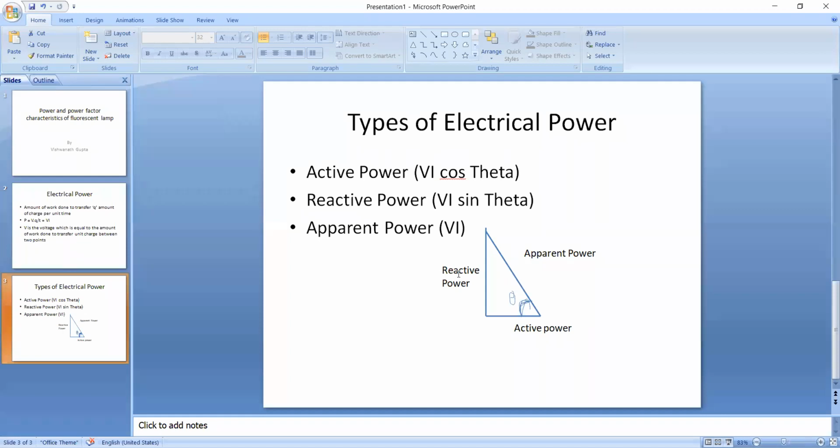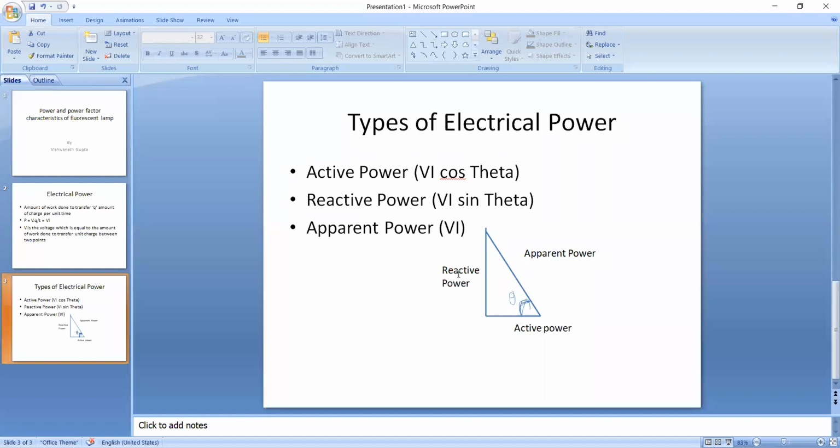Active power is the power which you can use, or which the circuit uses. Reactive power is the power which is stored in the magnetic circuit, as magnetic energy in the electrical circuit. And apparent power is the total amount of power that is being supplied to a system.